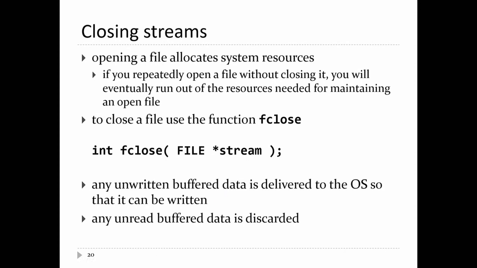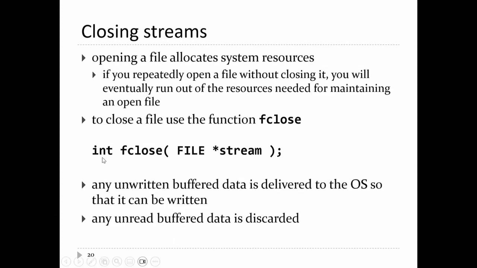If you're writing to that stream, then any unwritten buffer data is delivered to the operating system so that it can be written to the file. If you're reading from the stream and you close it, then any unread buffer data is discarded, right? So as soon as you close the file, you don't have access to it anymore.